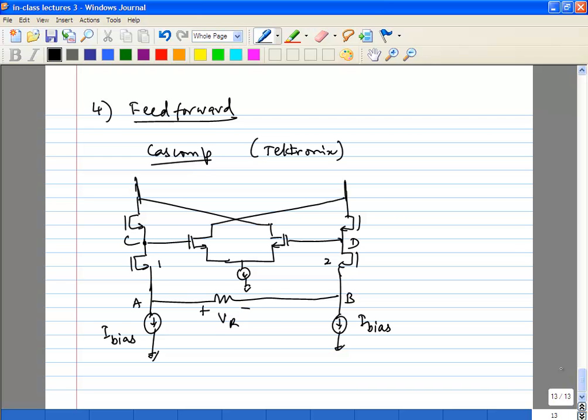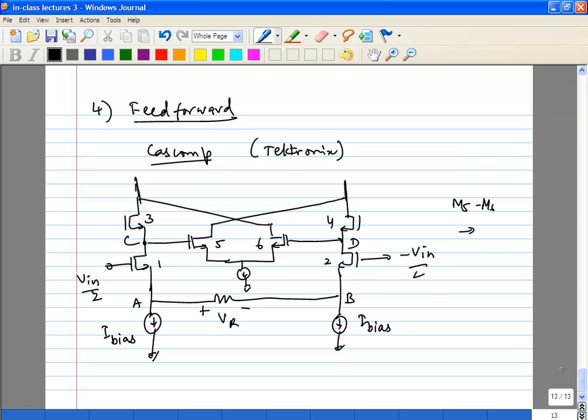One, two, and apply Vin by 2 and minus Vin by 2 here. So your M5, M6 is your error amplifier.